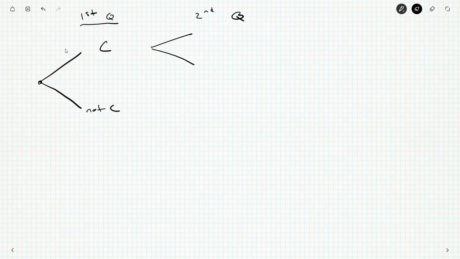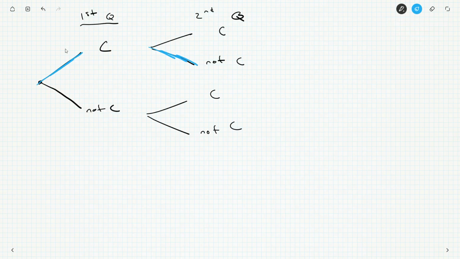And then for the second question, students either got it correct or not correct. In this way, I can break down my information, and if we follow along a path, we get the students who got the first question correct, but then got the second question not correct.